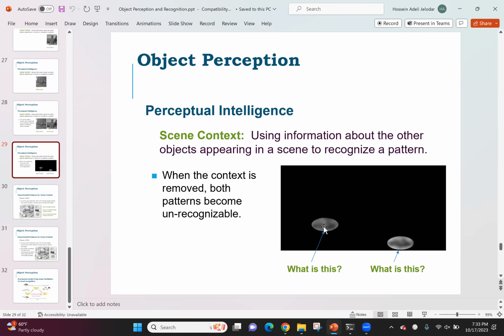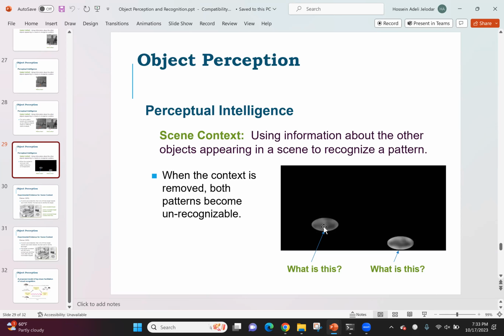Now, in this case, if I put this object on a blank screen, you may guess what it is. You could guess, I don't know, it's a car or a plate or a computer mouse. But a lot of those theories do not worry about the effect of context on that recognition performance. They're not too worried about that.